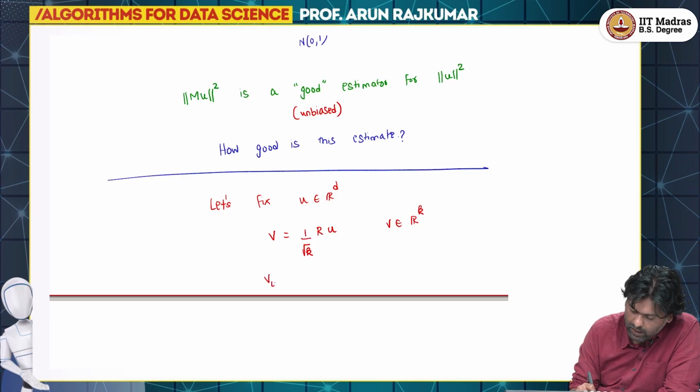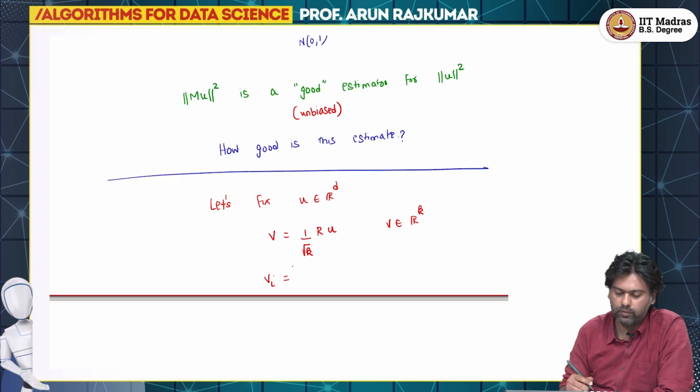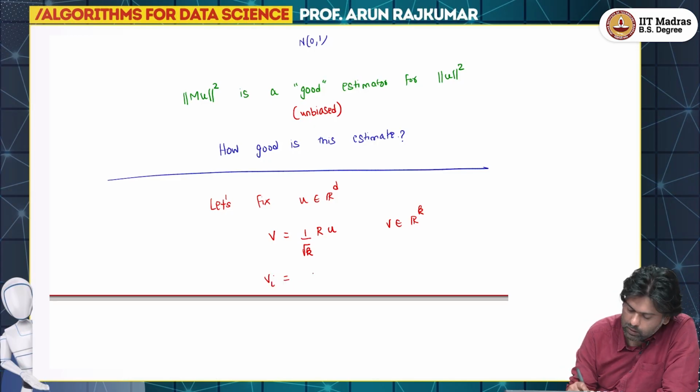This is a k dimensional vector, and the ith component of this is just going to be 1 by square root k times r_i transpose u, which is just the sum over j equals 1 to d of r_ij u_j.